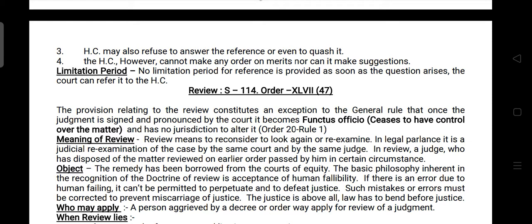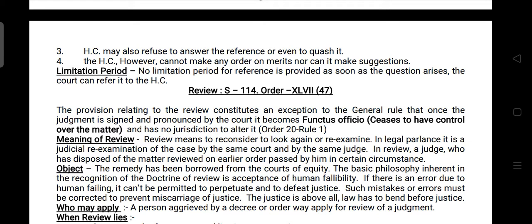So, the provisions relating to review constitute an exception to the general rule that once a judgment is signed and pronounced by the court, as given under Order 20 Rule 1, it becomes functus officio. That means the court ceases to have control over the matter to alter or change it.